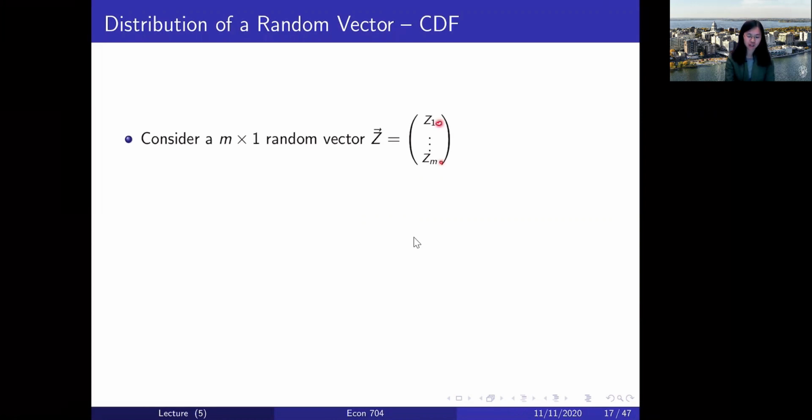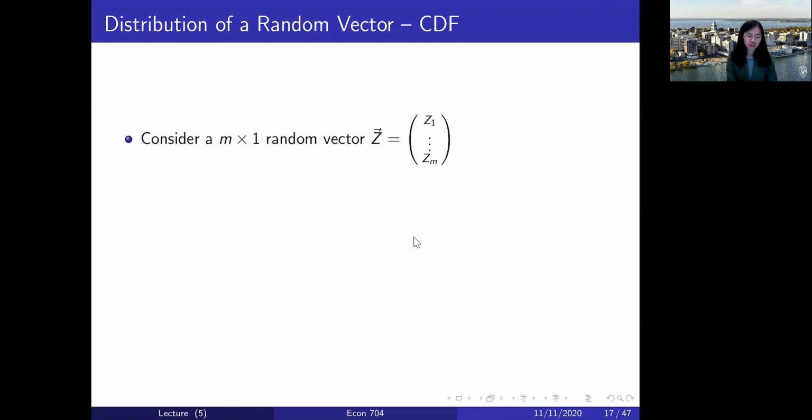So this z1 to zm, these are the m elements of the random vector. Each of these z's is a scalar random variable. So z is a random vector. What is the distribution of a random vector?